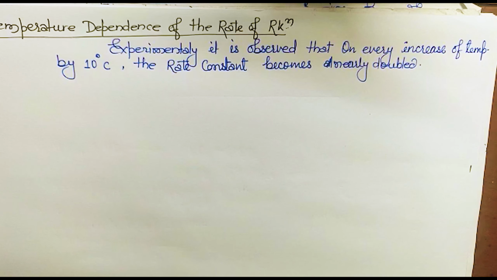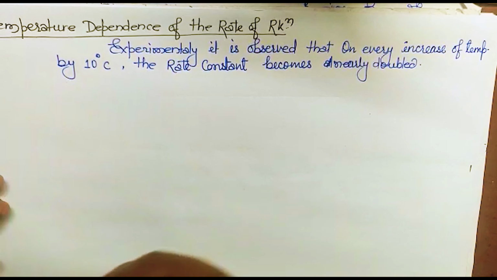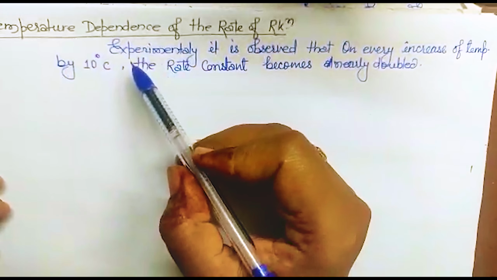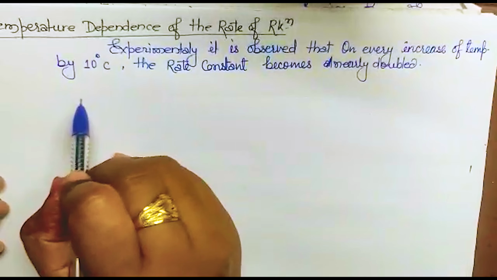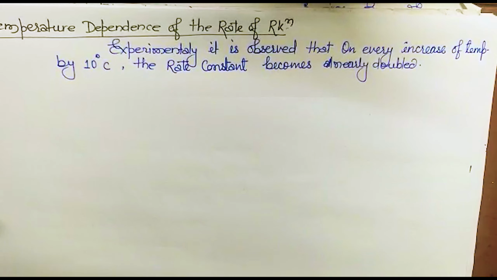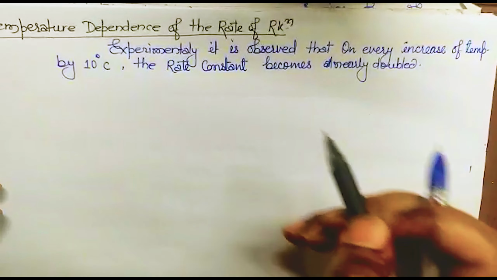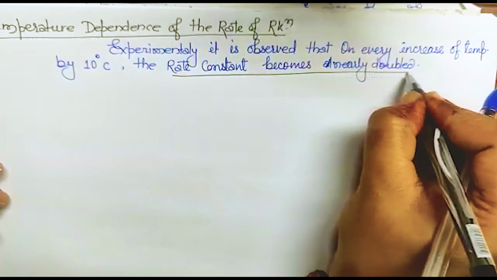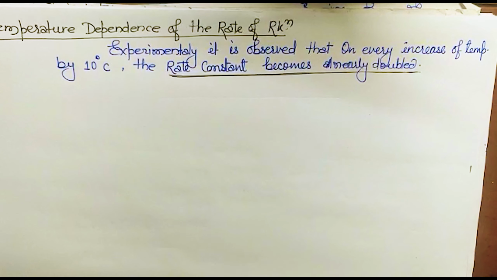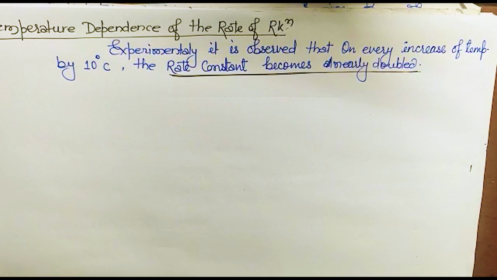Arrhenius says that experimentally it is observed that on every increase of temperature by 10 degrees, that means on every 10 degree increase of temperature, the rate constant nearly becomes doubled. Somewhere you can see that doubled or tripled is written, but whenever we do the calculation in general, we will consider the double only.